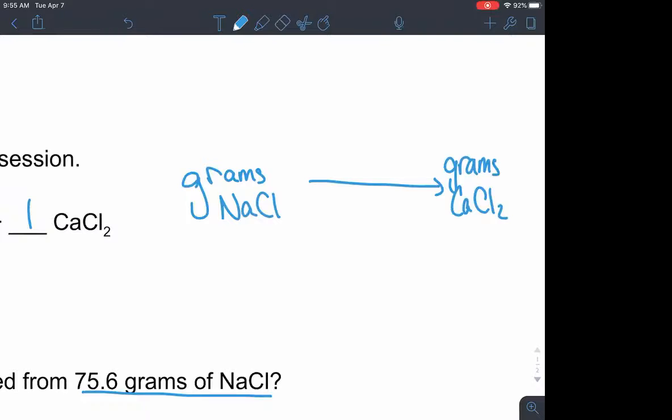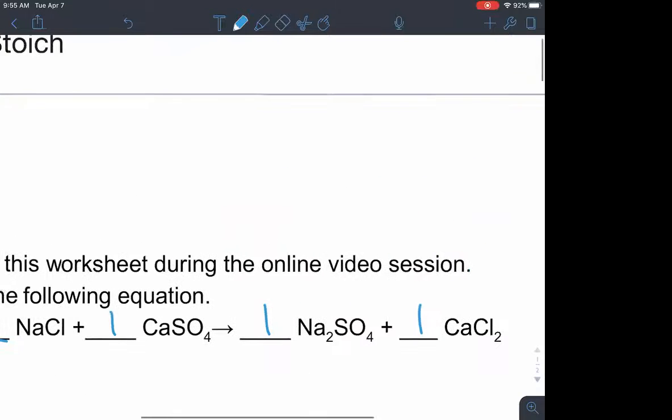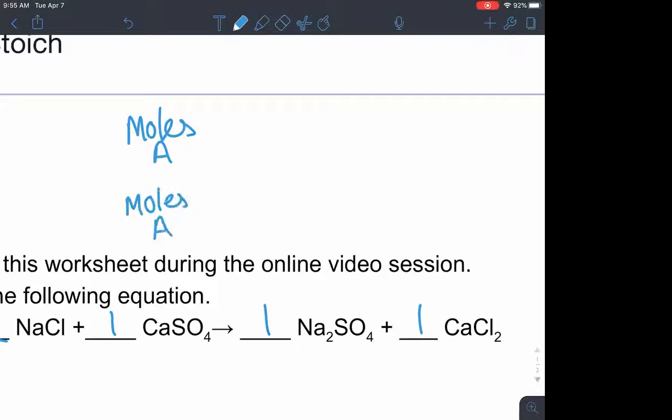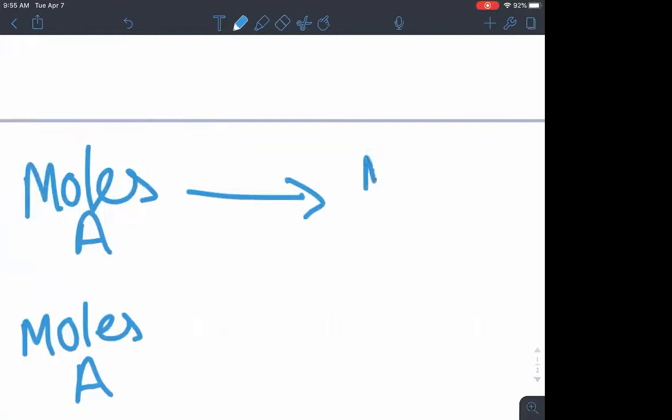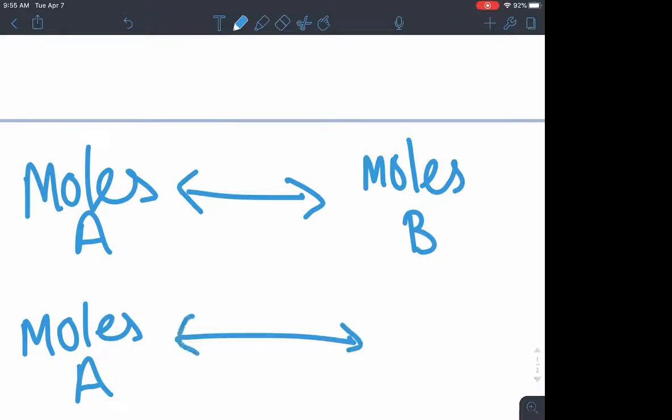Now, do you guys remember the 2 conversions that we know? We can go from moles to moles of a different one. Perfect. And we can go from moles to grams.